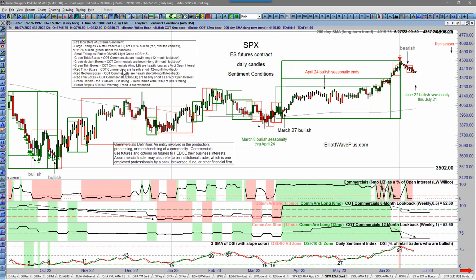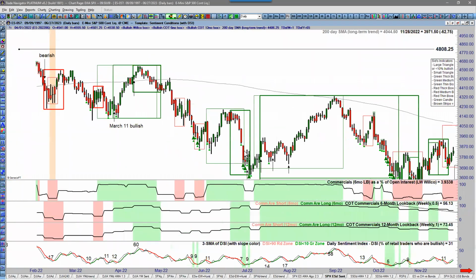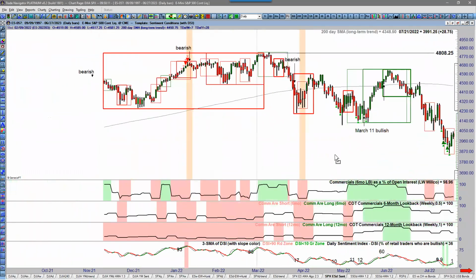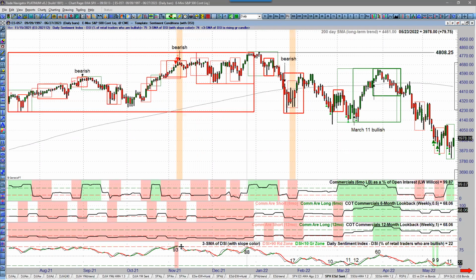Let's look at the last time we got DSI readings like that. Well, we got a 93 reading in November of 2021. So if you look back, you'll see that the S&P actually didn't peak until the early days of January of 2022.